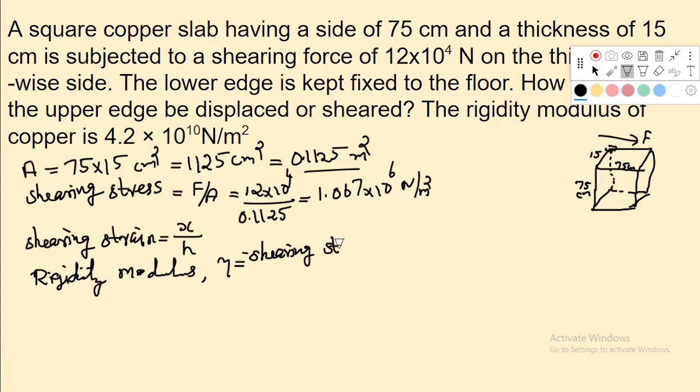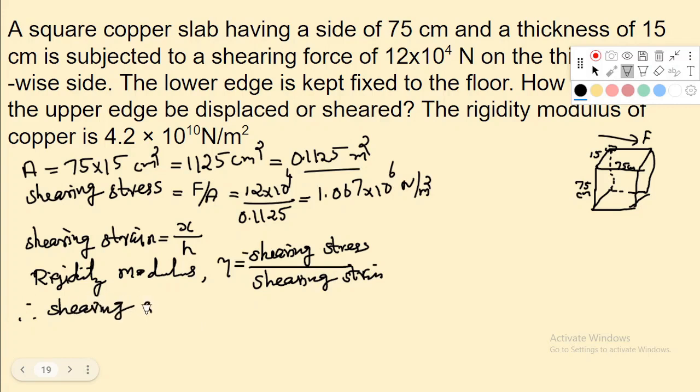Now therefore, the value of x, that is the amount of shearing, can be calculated as x equal to h into 1.067 into 10 raised to 6 all divided by 4.2 into 10 raised to 10.